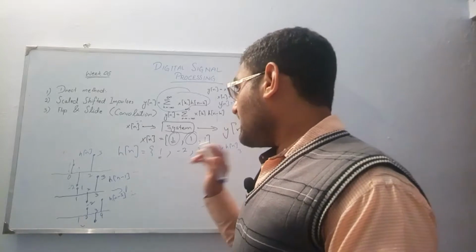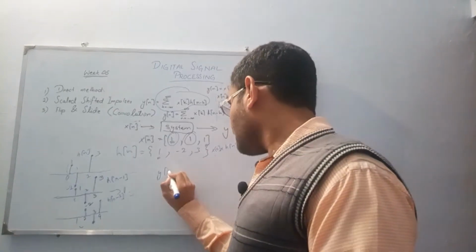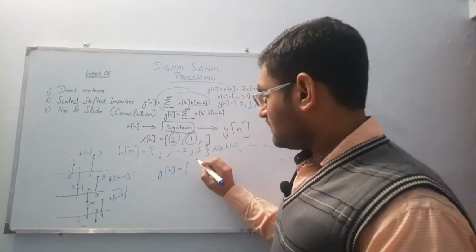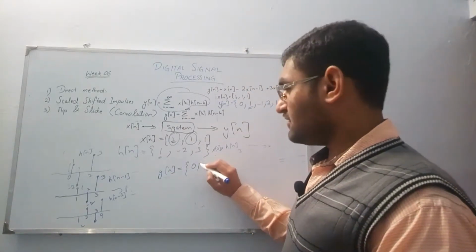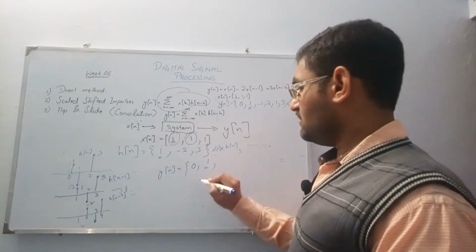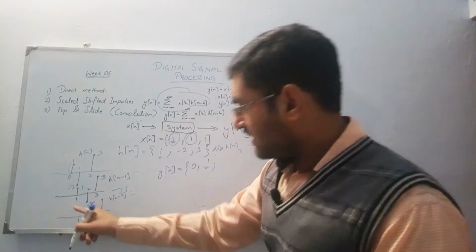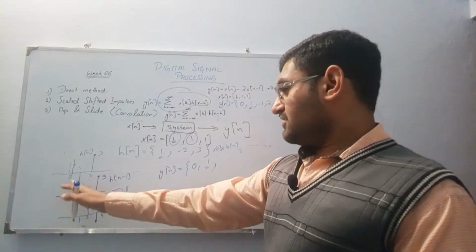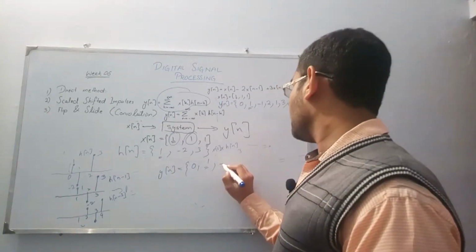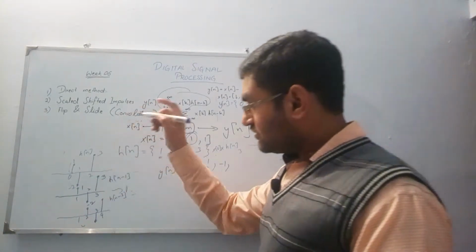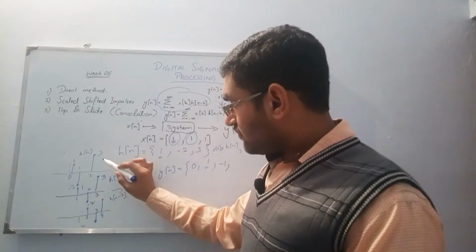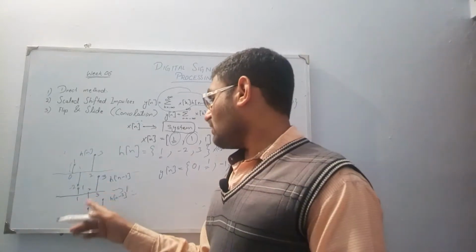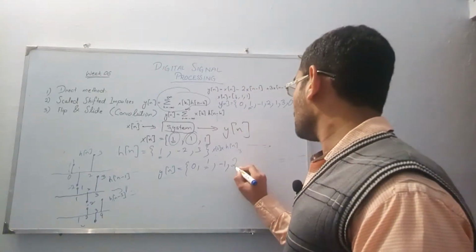So when I add it, I will get y of n, which will be: at 0 it is 1, at 1 it is minus 2 plus 1, minus 1, at 2 it is 3 minus 2 plus 1, it is 2.